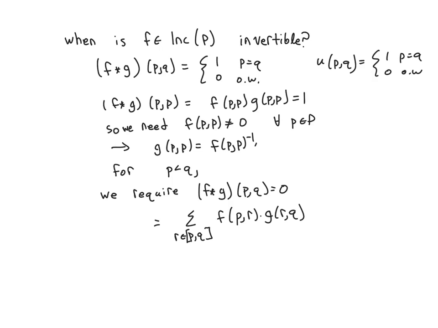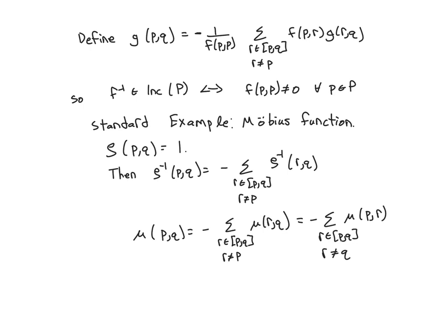And so we could try to do some sort of recursive argument. Supposing that you know a bunch of these previously computed values, you only need to compute one more. And that's exactly the formula we see. Define g of PQ to be -1 over f of PP times the summation over all R in the interval PQ, such that R is not P, of f of PR times g of RQ.